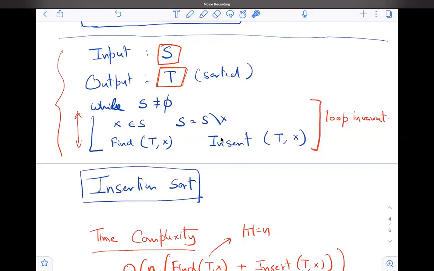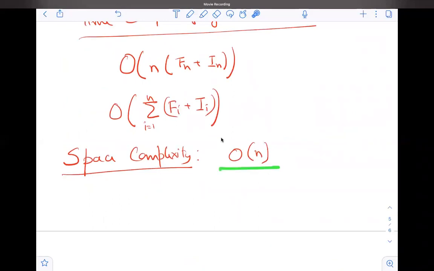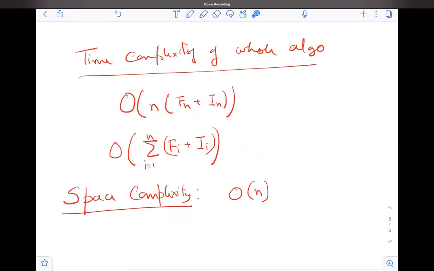Can I somehow use the size of S and size of T together in a clever way so that I don't have to spend extra space? Whatever I have presented has space complexity order n; can you do better? Fine. Were you all with me? Yes, sir. Understood.